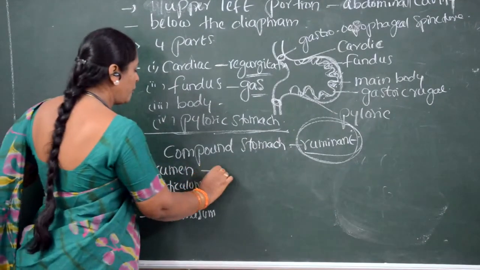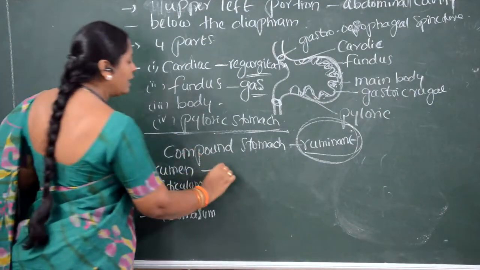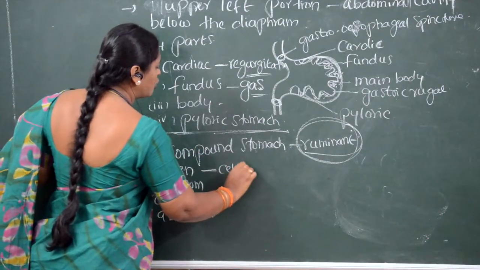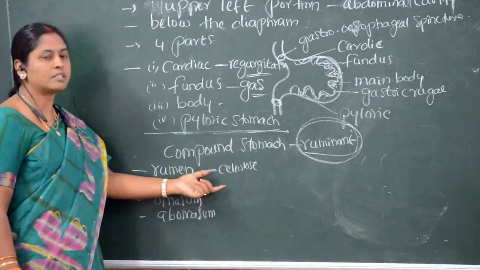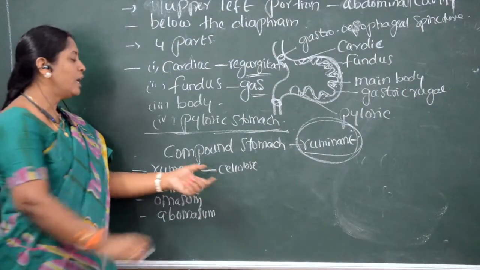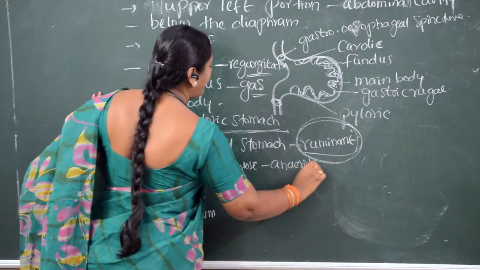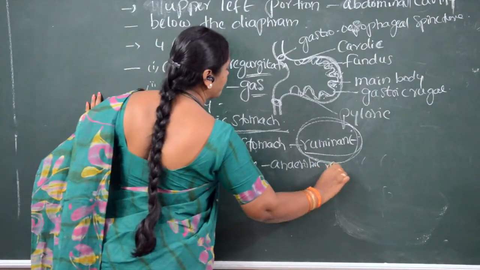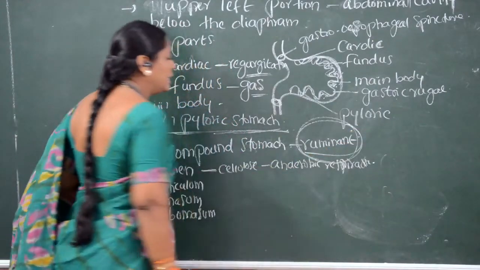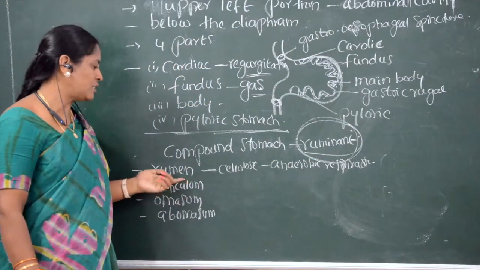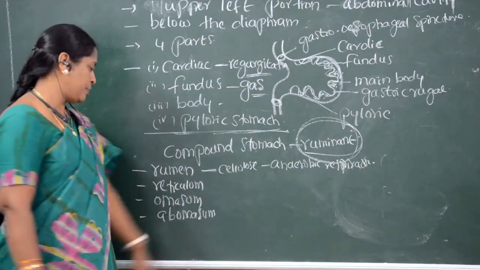In the rumen itself, the digestion of cellulose starts. The digestion of cellulose in the ruminant organism starts in the rumen, by anaerobic respiration.